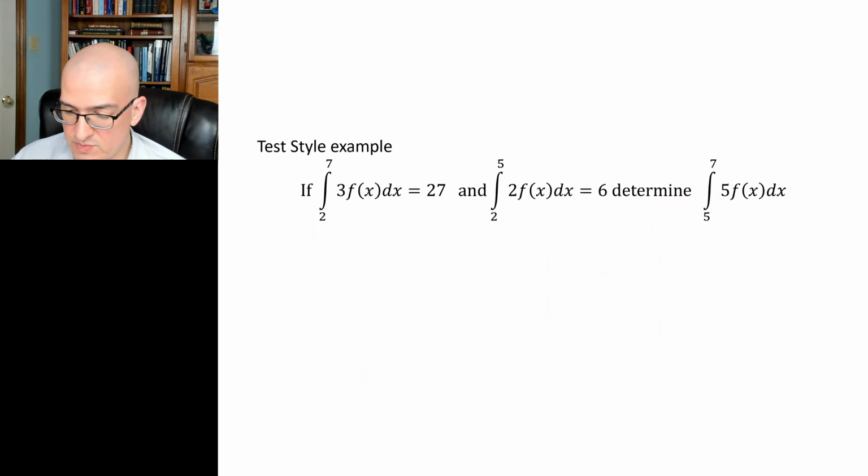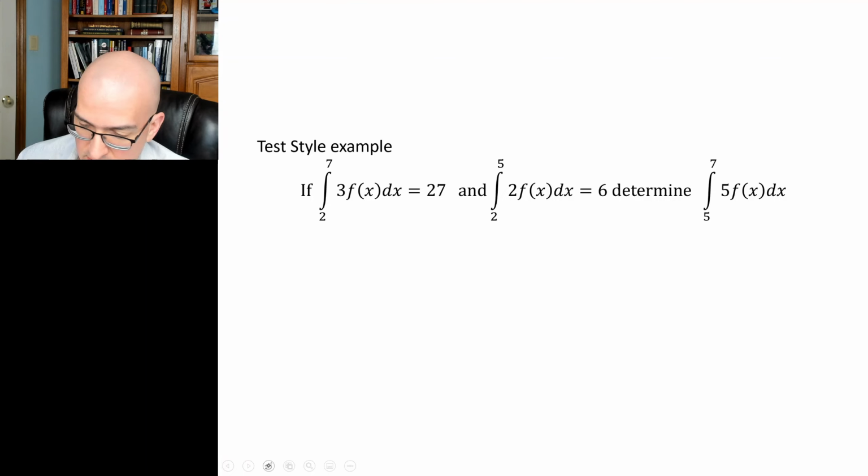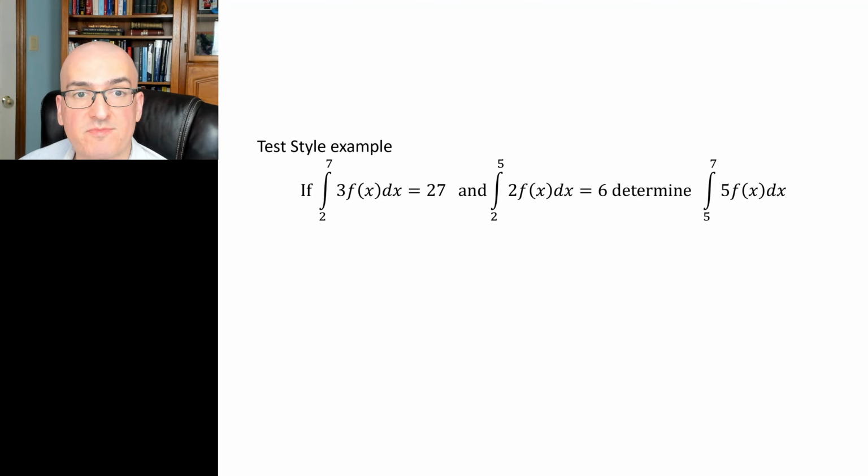Here's another one. This one's a little bit more complicated. We have some more manipulation to do. We're asked for this one. This is what we want. We want the integral from 5 to 7. So let's see if we can find the biggest one and express our knowns in terms of that.